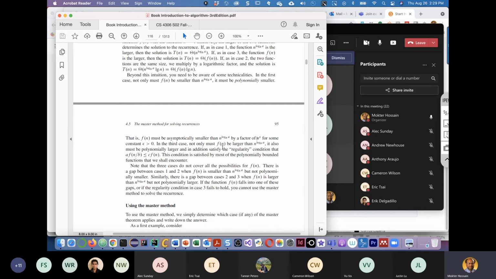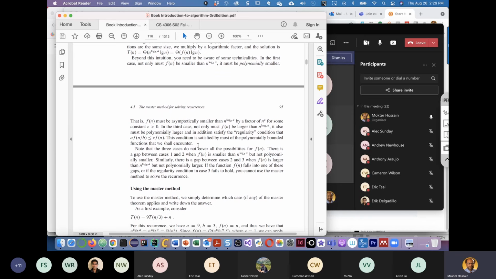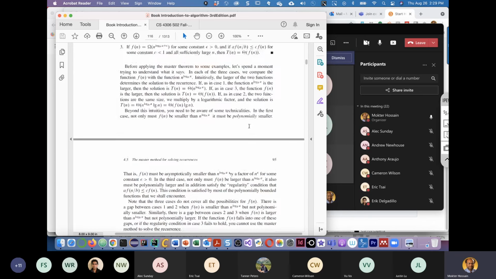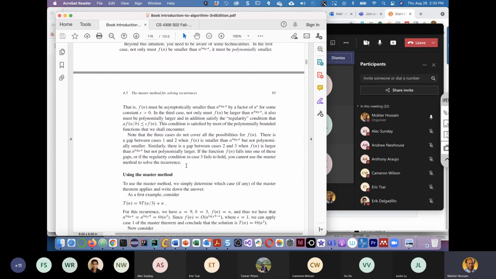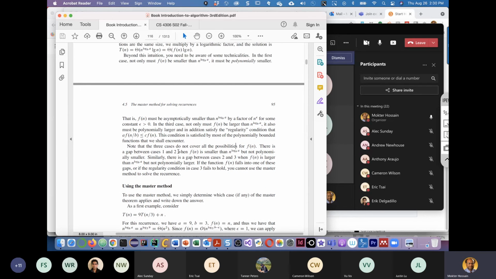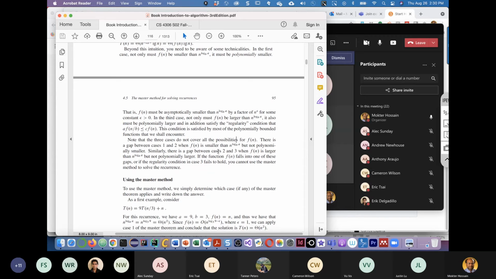In the third case, not only must f(n) be larger than this, it must be polynomially larger. Okay, and there is an additional condition over here. This we will come back to soon. So note that in all three cases, we do not cover all possibilities for f(n). There is a gap between 1 and 2, and between 2 and 3.